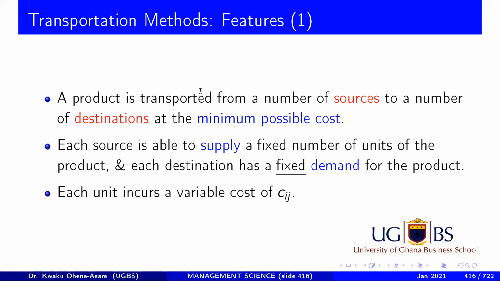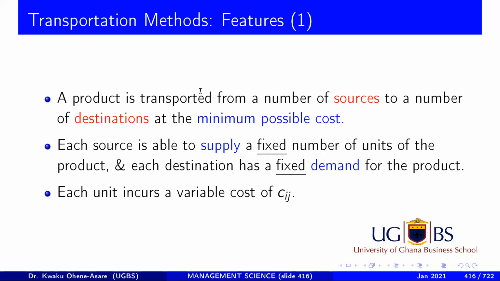Each source is able to supply a fixed number of units, not variables where you change it. Anytime you are supplying from the warehouse in Tema and taking it to the warehouse in Spintex Road, there's a fixed number of units of product that you supply, and each destination is also receiving a fixed number of product.